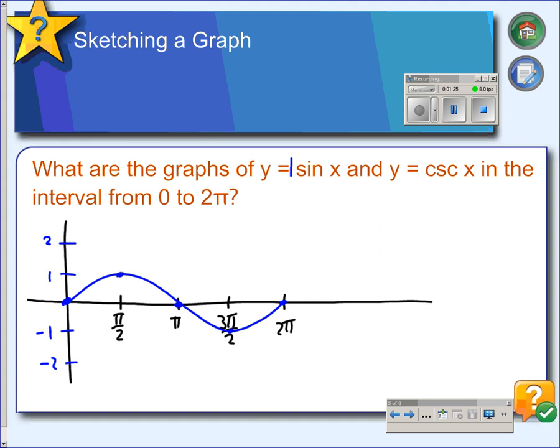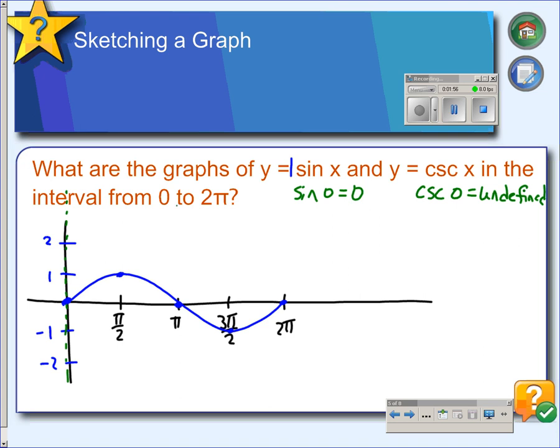So from this, we're going to graph the reciprocal function y equals cosecant of x. So if the sine of 0 equals 0, the reciprocal of 0 would be the cosecant of 0, which is undefined. So where we have the 0 for sine, we're going to have an asymptote.